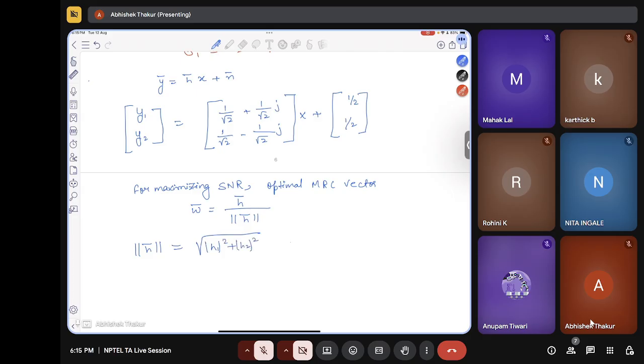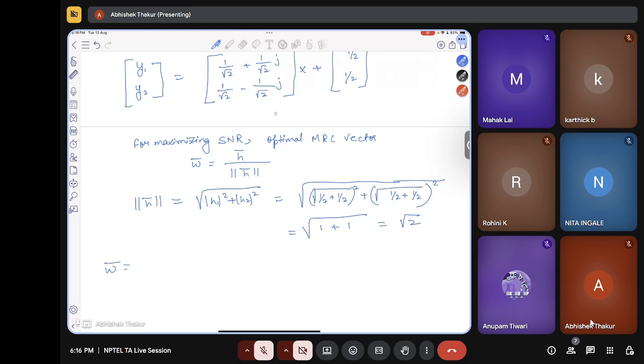So what is the magnitude of H1? That is square root of 1 by 2 plus 1 by 2, again the square of it because it's mod of H1 square, half plus half square. So this will become 1 plus 1, so this is equal to square root of 2.